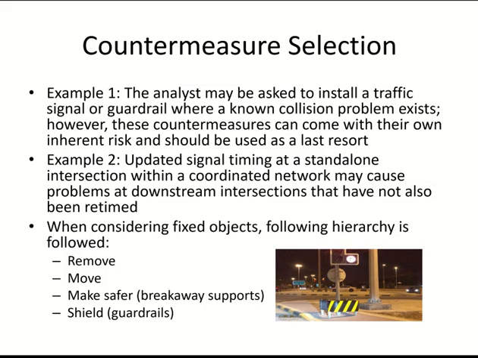The bandwidth. If you have coordinated signals, the requirement is all signals must have the same cycle length. So somebody came and said, we have a problem with this intersection, let us change the cycle length or signal timing. Now it will break the whole network. So these things can happen.